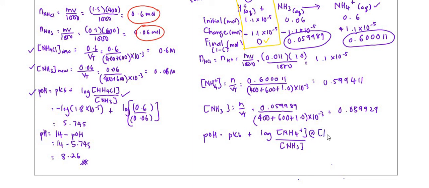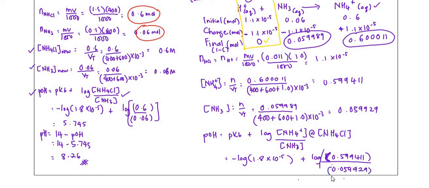Okay, you can also write the salt concentration, no problem, because we know this NH4+ comes from the salt. pKb is negative log of Kb, 1.8 exponent negative 5, plus log of the concentration of NH4+, 0.599411, over 0.0599929. Press the calculator and you get the value 5.74.